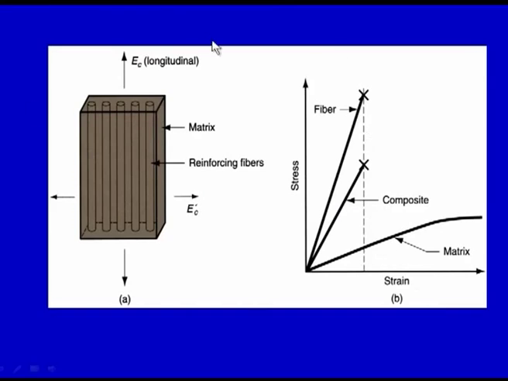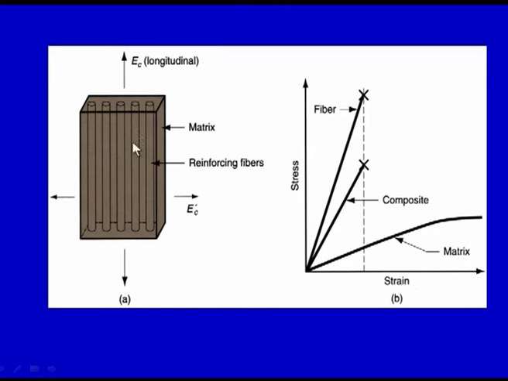Now here again on your screen you can see there is a very simple diagram in which we can see these round circular cylinders are fibers in this particular direction, and these have been classified as reinforcing fibers. So these long cylinders inside this particular cuboid are reinforcing fibers and the rest material is filled with the matrix.